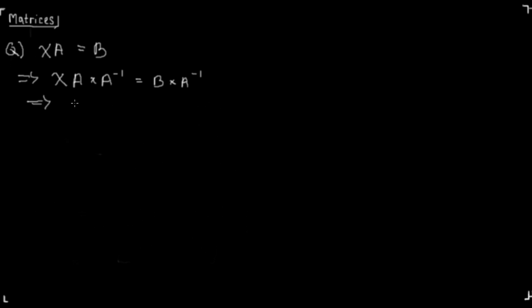Which then is just equal to A x x into I, which is the identity matrix, and then B into A minus 1, which just equals, or let's just say that x is equal to B into the inverse of A, right?